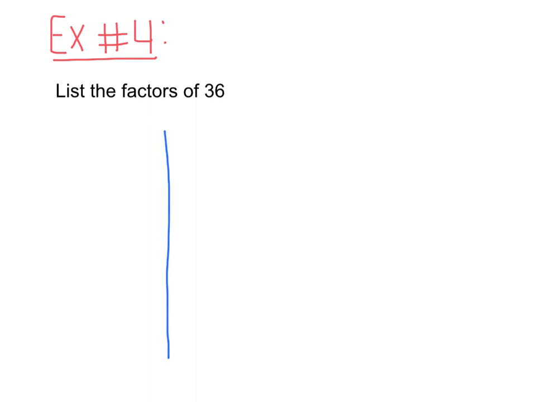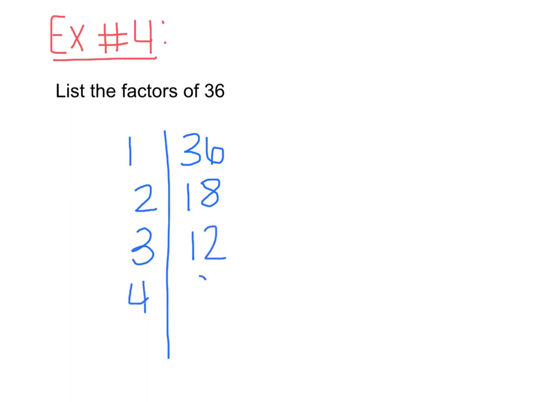So we're going to do it that way for starters. So we have 1 times 36 equals 36. 2 times 18. 3 times 12. 4 times 9. And 6 times 6.